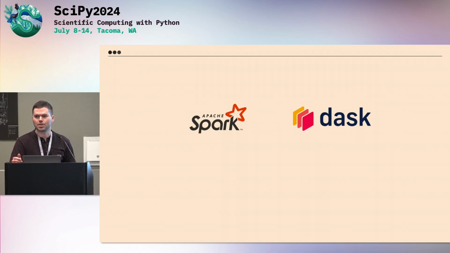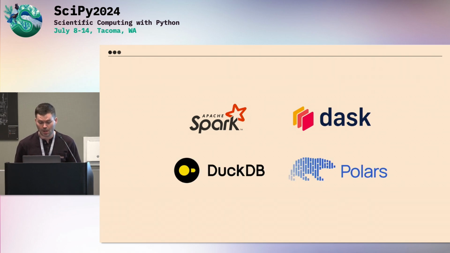And there are really good reasons to use either one of these libraries depending on your specific situation. More recently, in the last 5 years or so, there have been some new projects that have come into the space, in particular DuckDB and Polars, which have gotten a lot of traction, rightfully so. So the space is getting more fun and exciting.